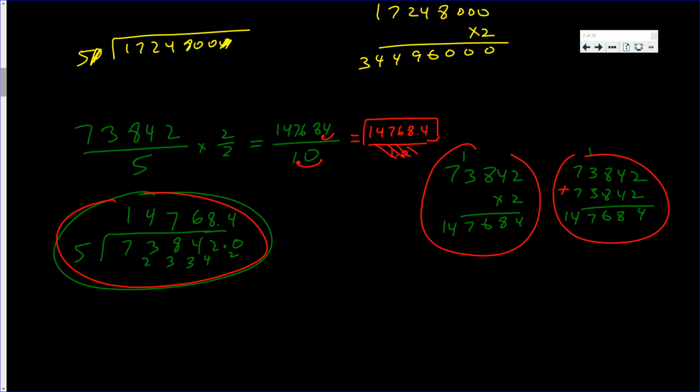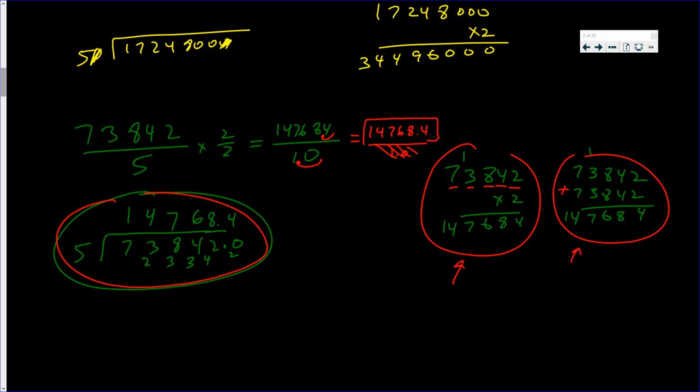Okay, that was much easier to just multiply by 2. You're going to have to know your 5 table really well to do it as quickly as I did. But multiplying by 2, most people know their 2 times table. Division is always harder than multiplication.